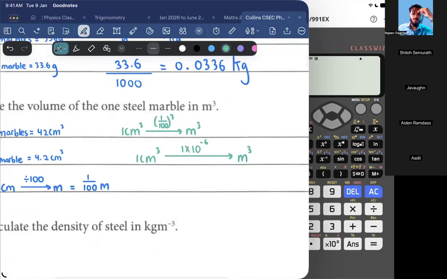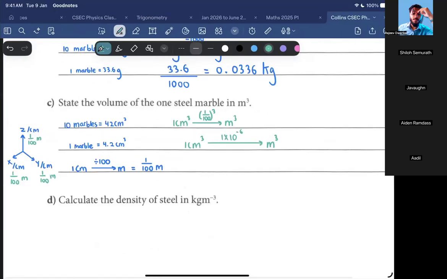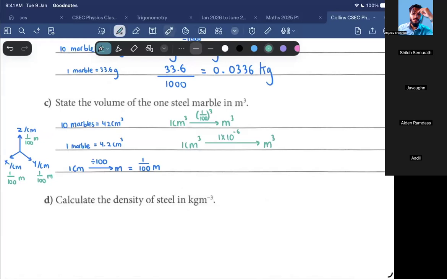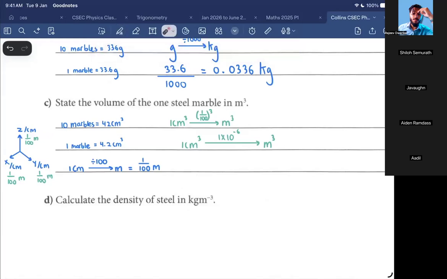Yes, sir. Let me make sure you understand this one more time. Javon, look at the units here. You're converting centimeter cube to what? Meter cube. So you have to convert every single dimension to meter. How many dimensions do you have to convert since it's 3 dimensions? 3.